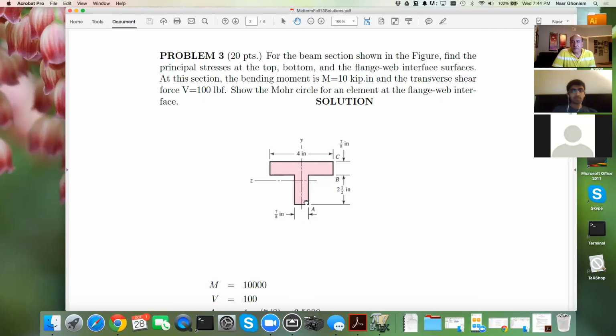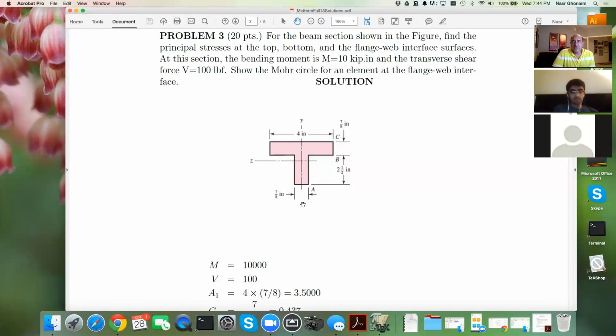The idea is that we want to combine bending stress with shear stress and with knowledge of Mohr's circle to determine the maximum shear stress. And I'm going to explain a little bit more.